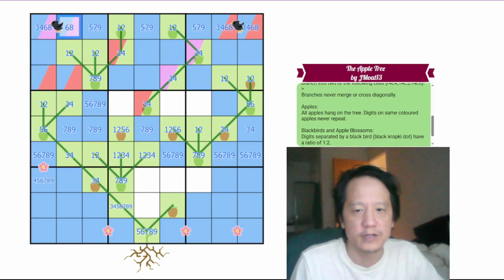This is not the pink 6, 3, 4. So this is the pink 3, 4. This is the red 3, 4, therefore this is the pink 3, 4, therefore this is the red 3, 4.